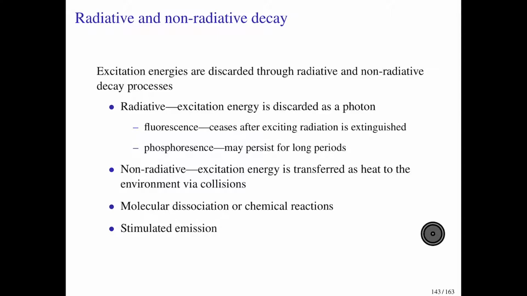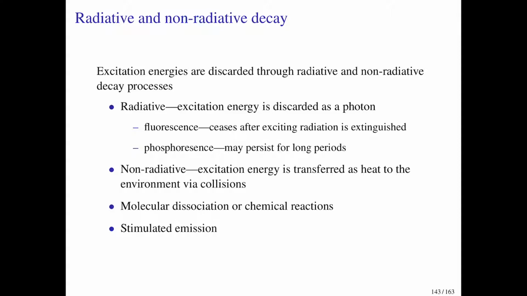And there are two basic processes through which the excitation energy of an excited molecule can be discarded. One is radiative, where the excited state emits a photon. And there's two processes in that subcategory. Fluorescence.